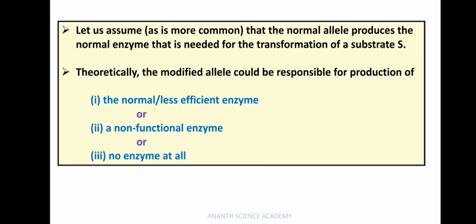That means the modified allele may produce normal enzyme or less efficient enzyme. It may produce non-functional enzyme, or otherwise it may not produce the enzyme at all.